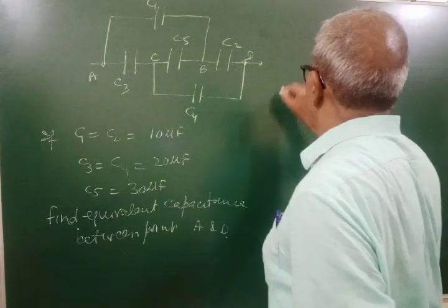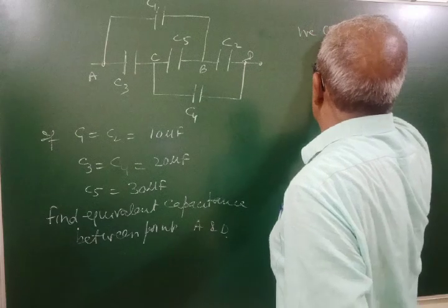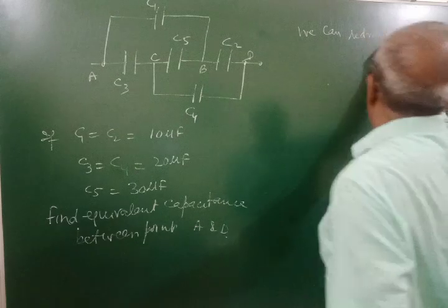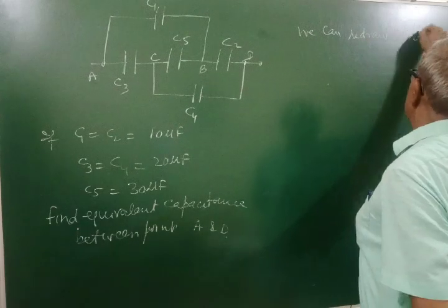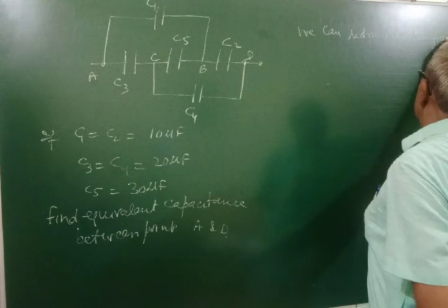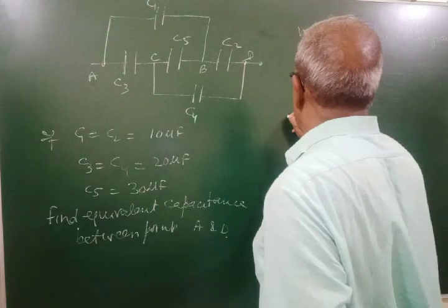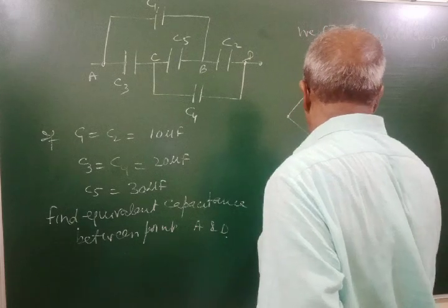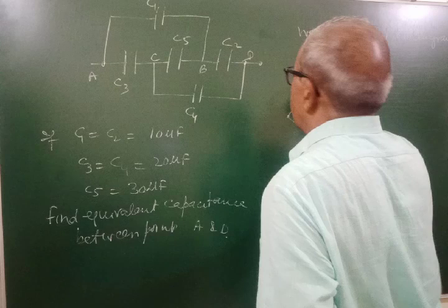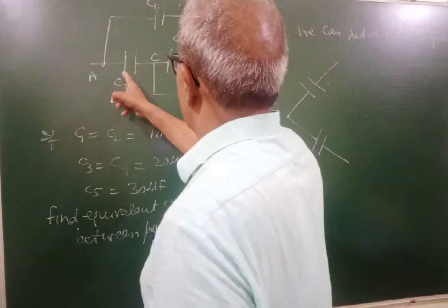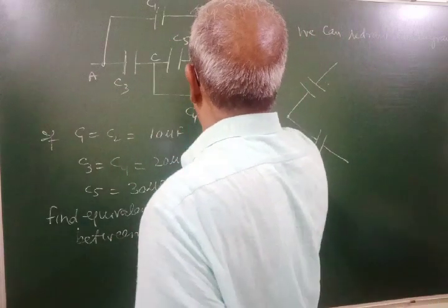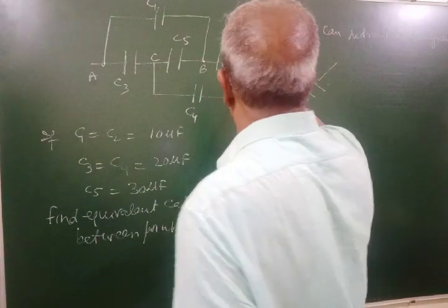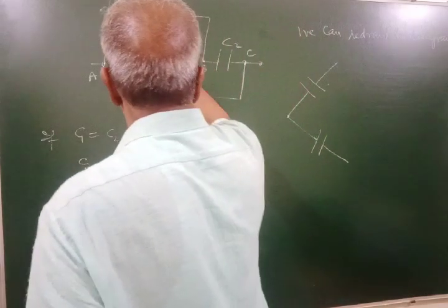So we can redraw this diagram as point A, plate C1, and C3. The other plates of C1 and C2 are connected, one to B, the other to C. So write it like this, C here, D here.